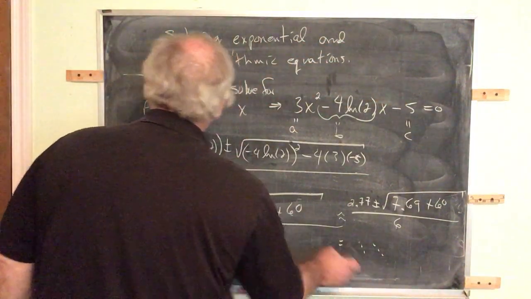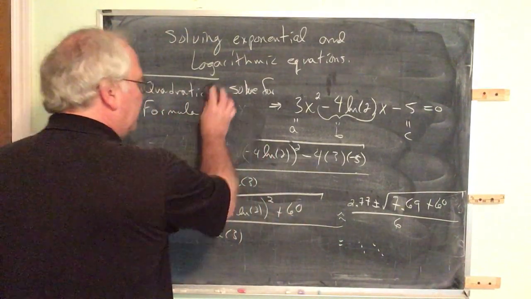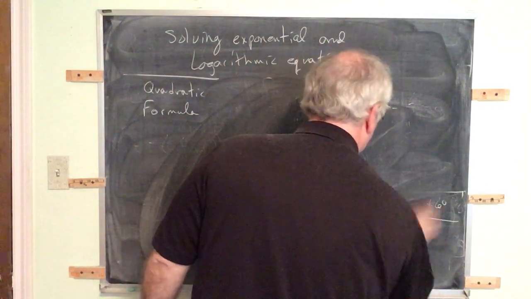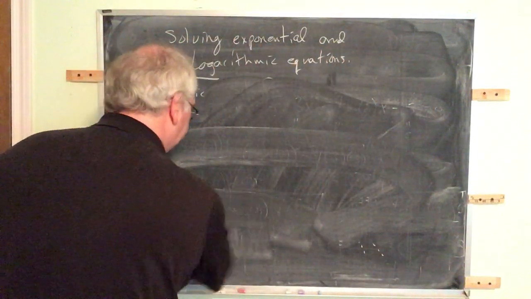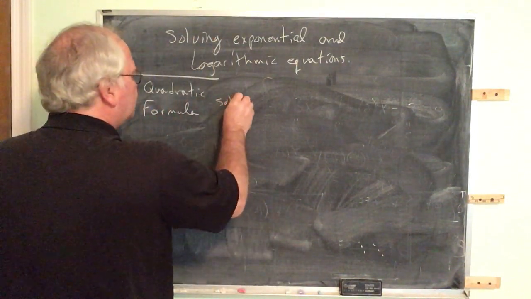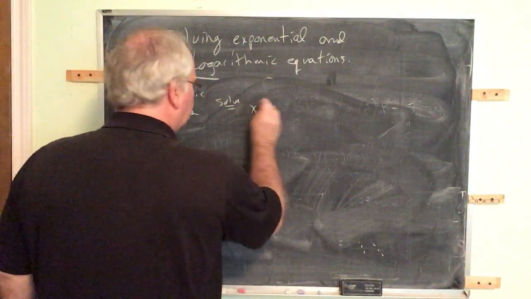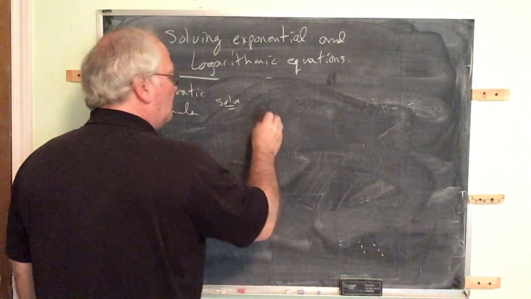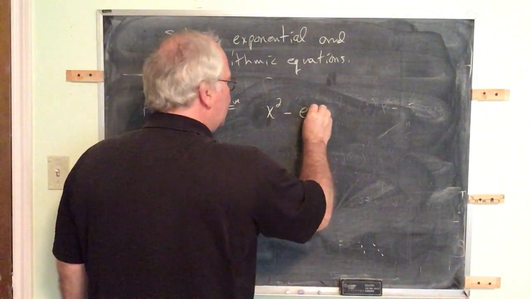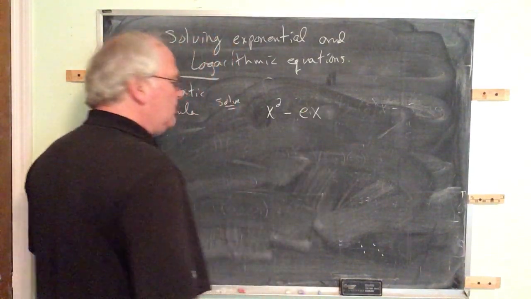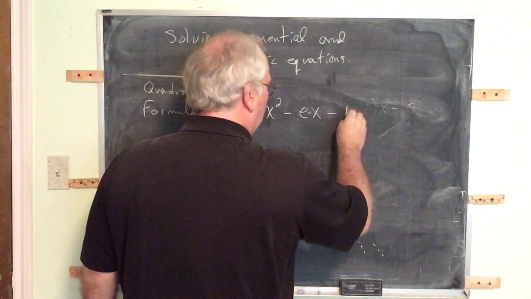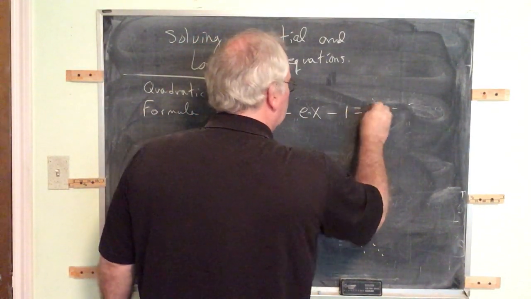I'm going to throw one more of these at us and see if we can figure this out. What if we want to solve for x? What if we have x squared minus e times x, not e raised to the x, e times x, and let's say that's minus 1 is equal to 0.